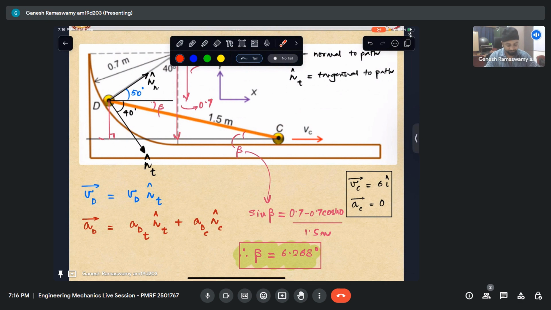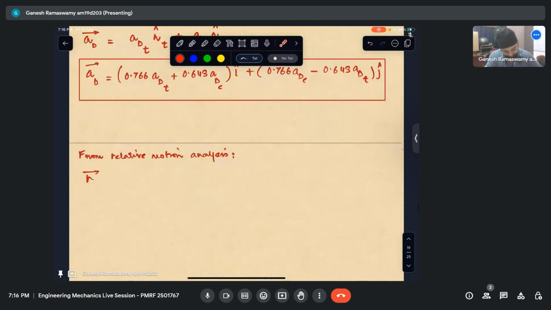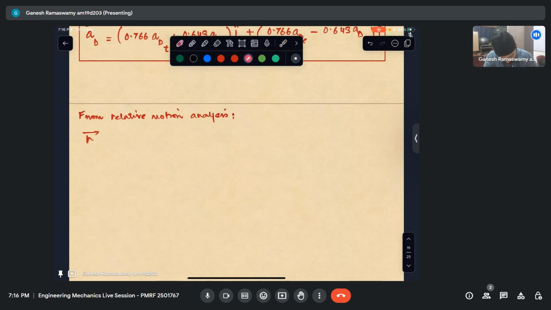So from relative motion analysis, we can write this as RC equals RD plus RC with respect to D, and then differentiate it.